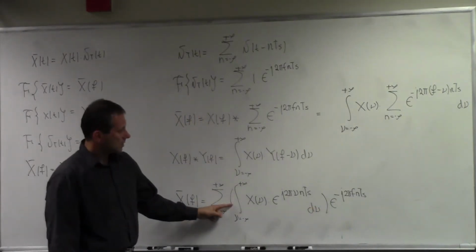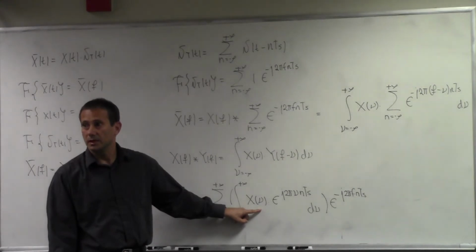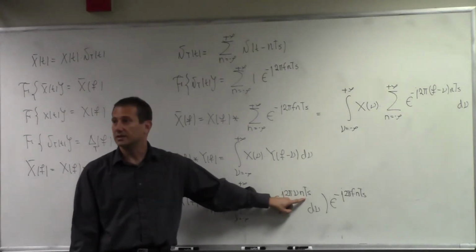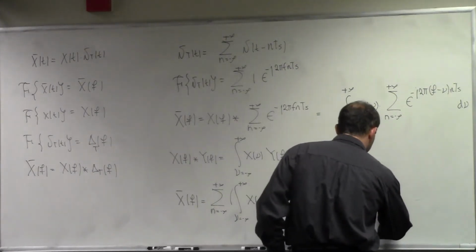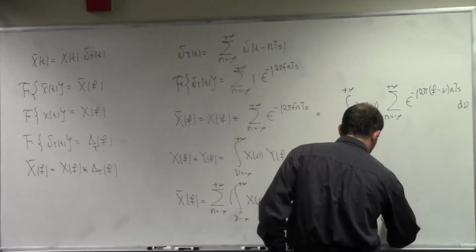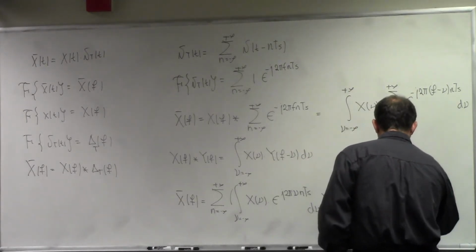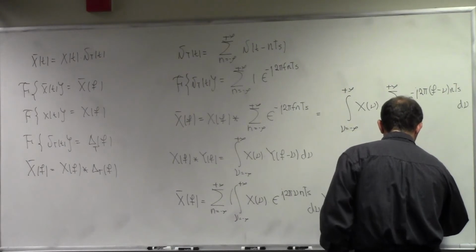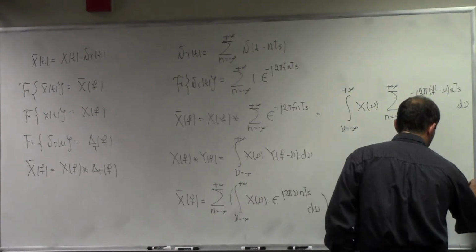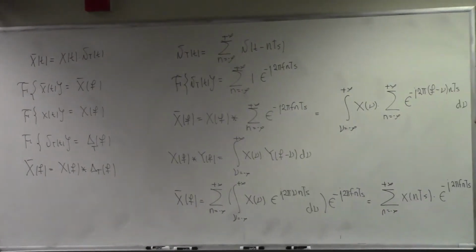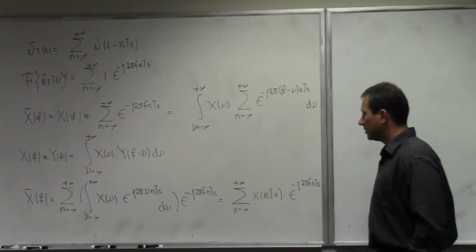This is an inverse Fourier transform. Do you see that? And when t is equal to n Ts, this is equal to the sum, n from minus infinity to plus infinity, of x of n Ts times e to the minus j 2 pi f n Ts, right? So that's the spectrum of the sampled signal.